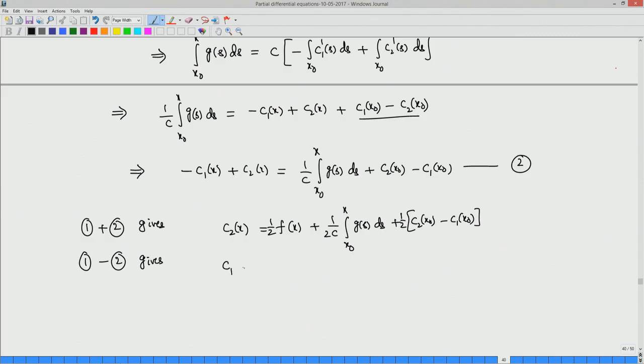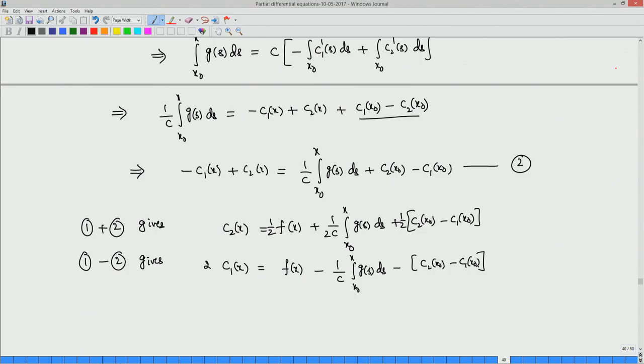2 times C1 of x equal to f of x minus 1 by c integral x naught to x g of s ds minus C2 at x naught minus C1 at x naught.